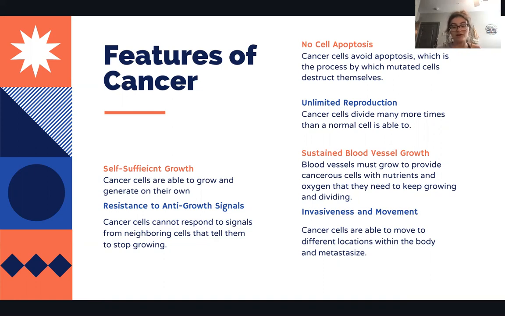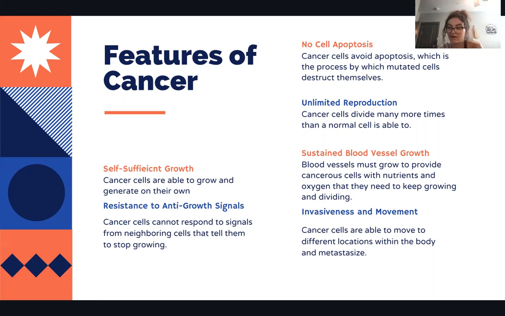But cancer cells do not respond to these same signals that normal cells do. So when the neighboring cells tell cancer cells to stop growing, they're resistant to these signals. They don't respond, and they will keep growing and keep creating new cells with mutated DNA, which will ultimately give rise to cancer or a tumor.